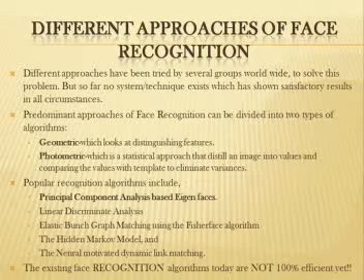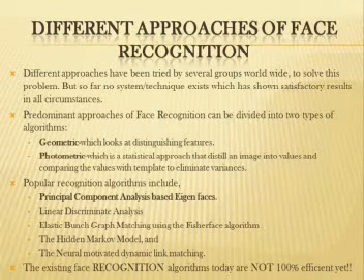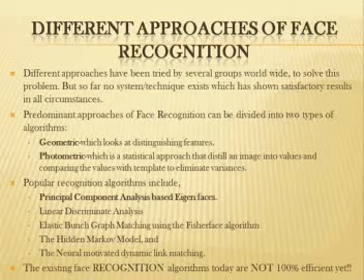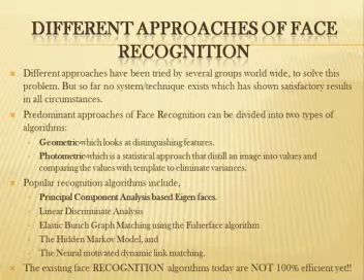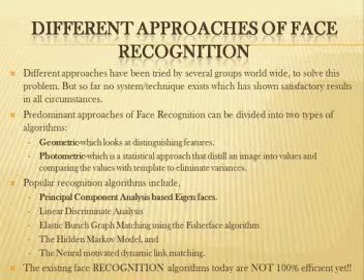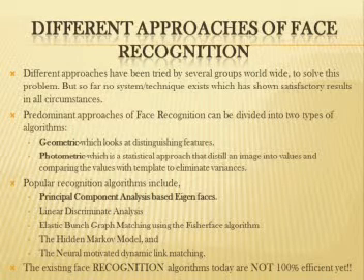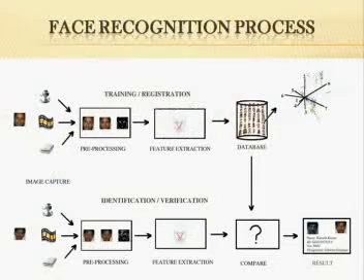Popular recognition algorithms include principal component analysis based eigenfaces, linear discriminant analysis, and elastic bunch graph matching using the Fisherface algorithm, and so on. The existing face recognition algorithms today are not 100% efficient yet.